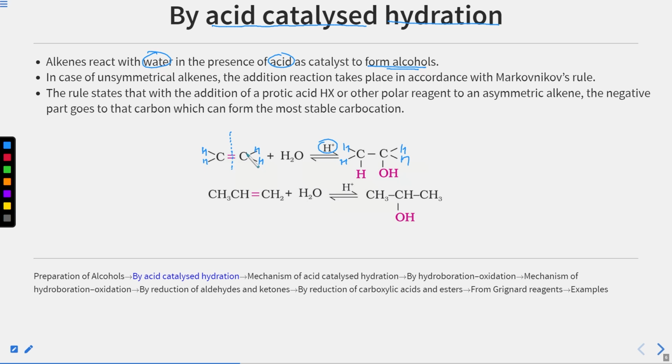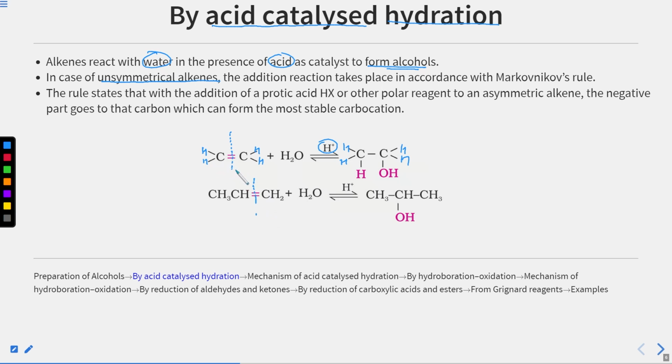Now what will happen if we take an unsymmetrical alkene like this? Why is it unsymmetrical? Because on the right side we have a CH2 group, but on the left side we have a CH3CH group. Both sides do not have identical groups, therefore it is an unsymmetrical alkene. Now an unsymmetrical alkene has one problem, that we have to decide where this OH and H will go.